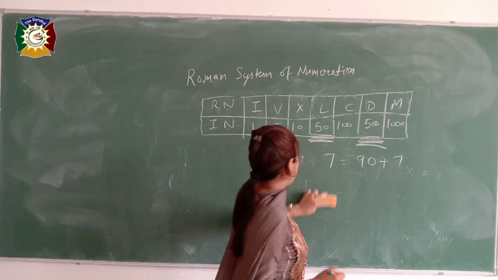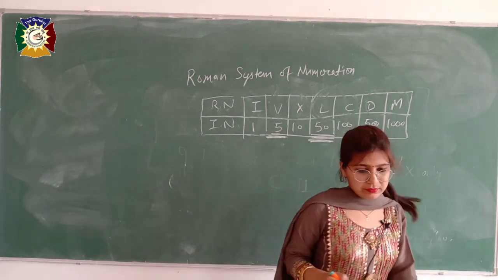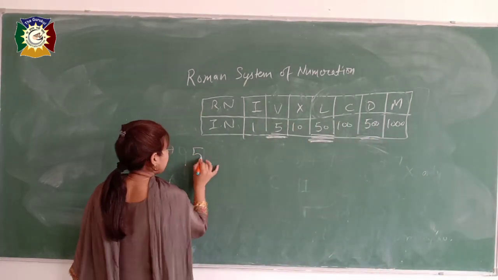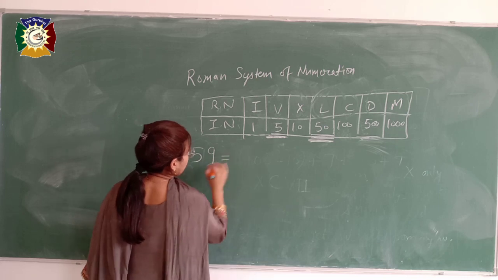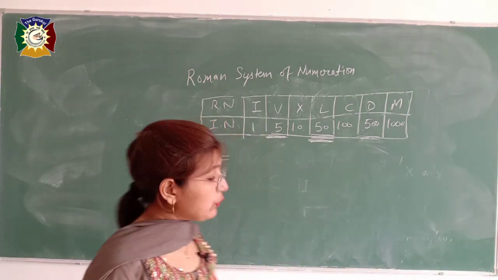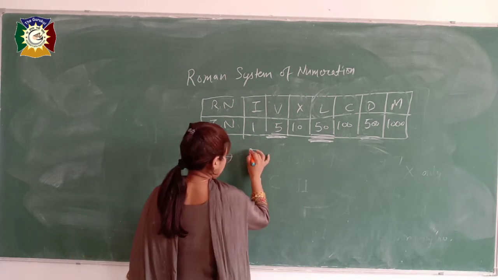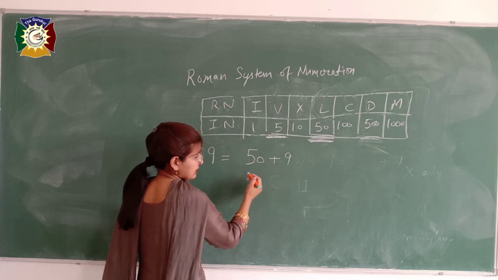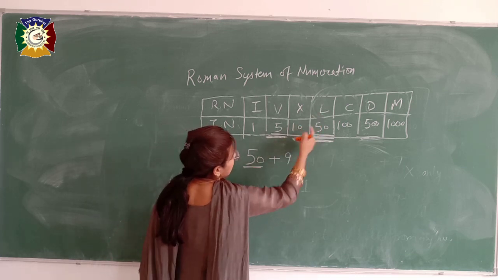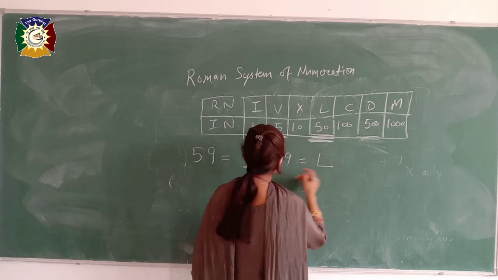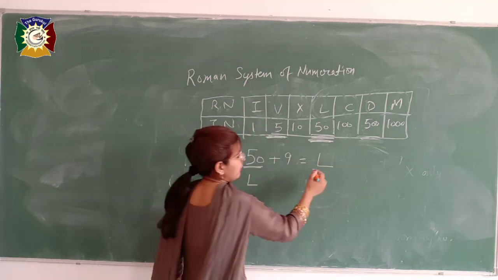Now another example we will do on the basis of this. If I want to write 59, how will we write this 59? For this 59 you can write it as 50 plus 9, and we know the symbol for 50 is L. And for 9, what do we do?